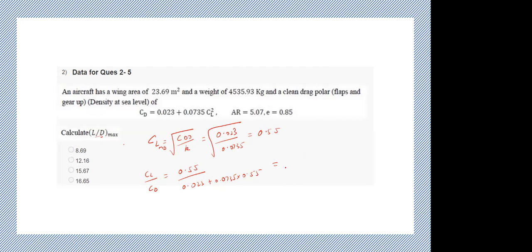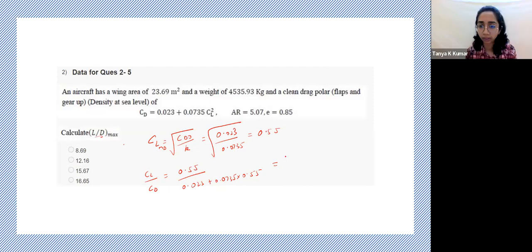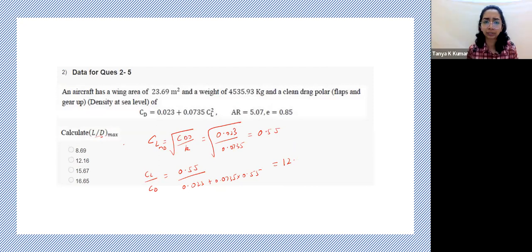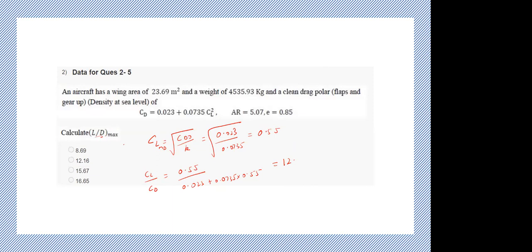Ma'am, as per the key, it is showing 12.16. So even with calculation, it is 12, right? No, ma'am. It's showing 2.033, ma'am. Are you sure? Can anybody else verify? Ma'am, it's 12.16.